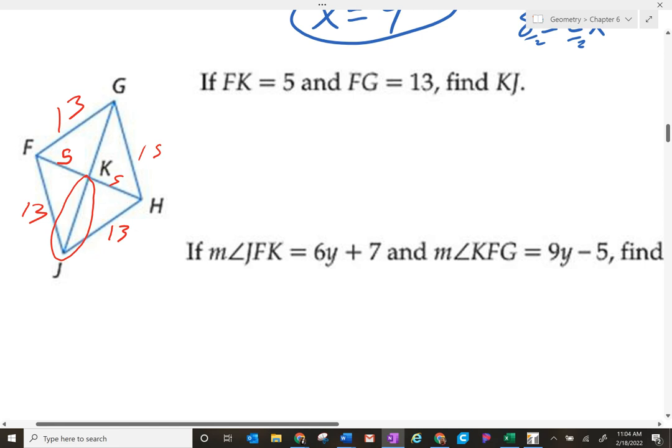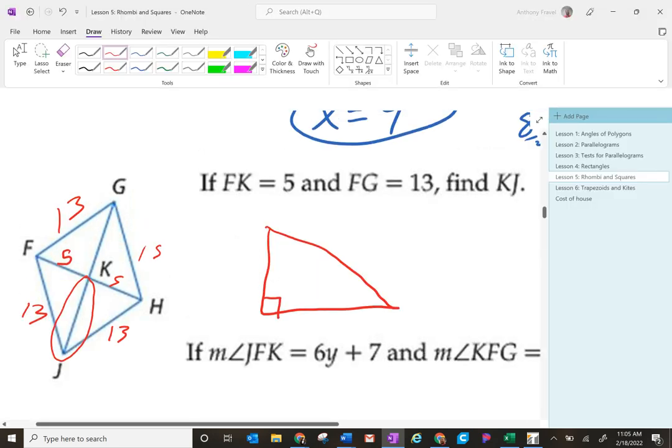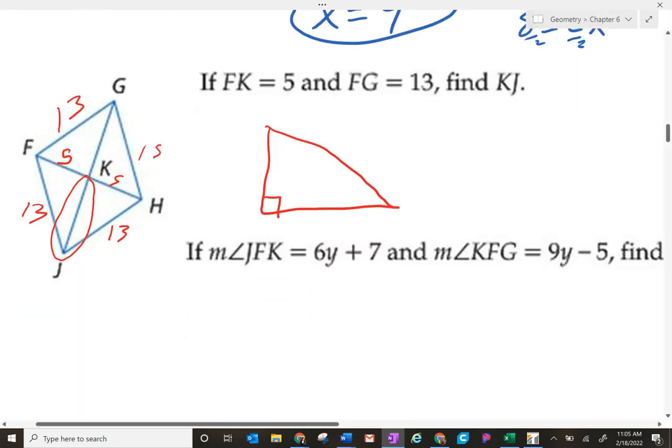The inside of a rhombus, the bisectors, or the diagonals that cut through, how many degrees are these? 90. If I know that the center is 90 degrees, and I look at that shape that we already had, FG, the hypotenuse, is 13.